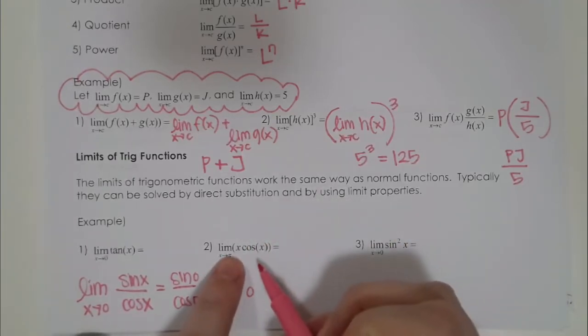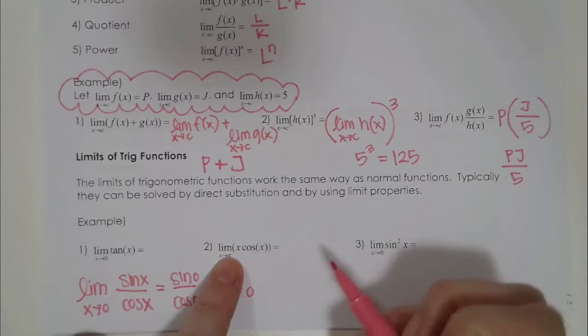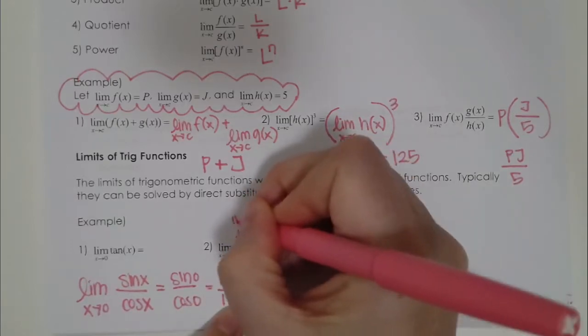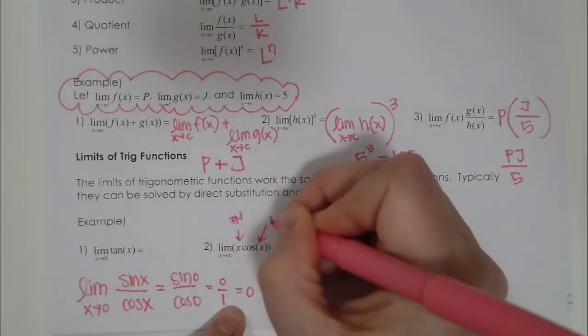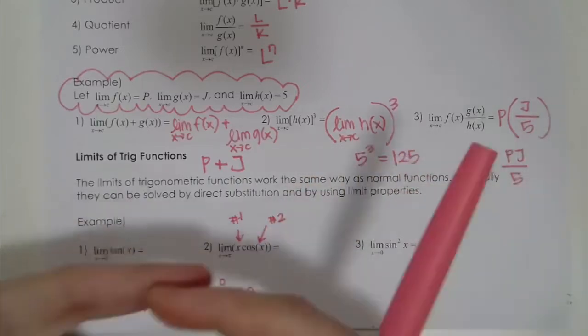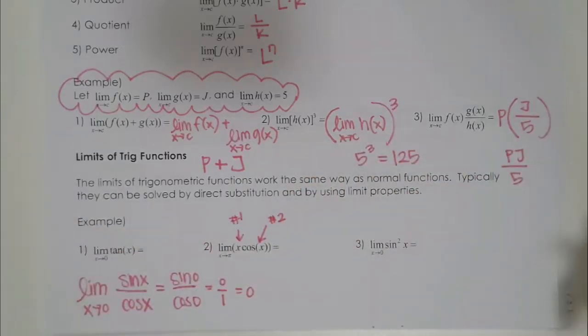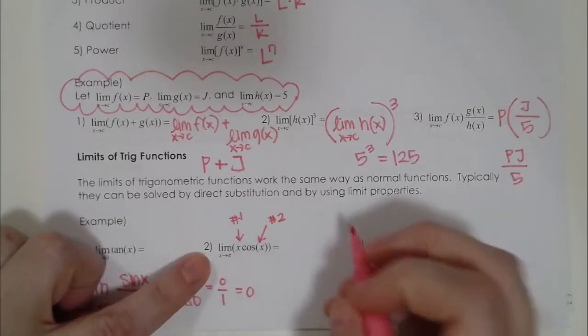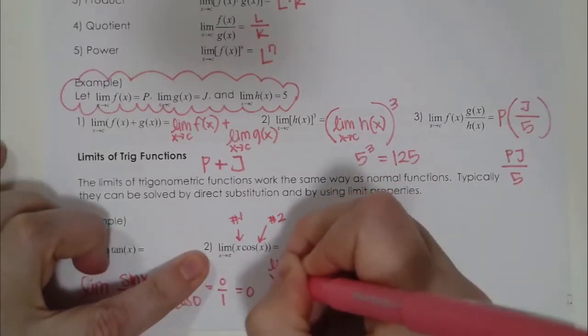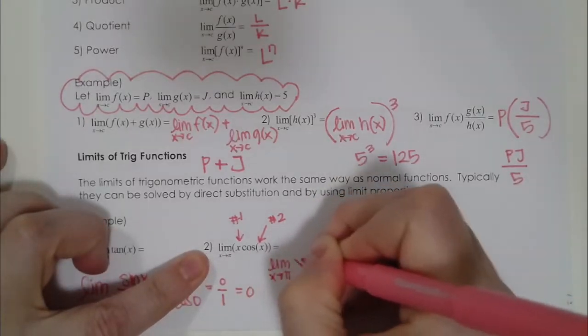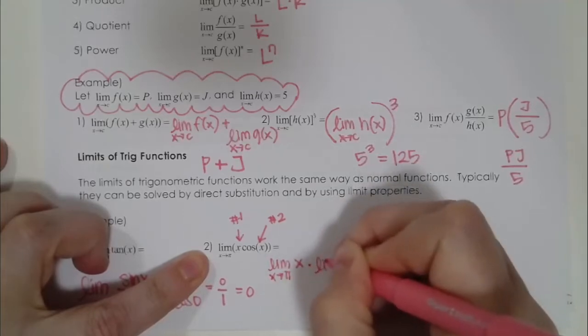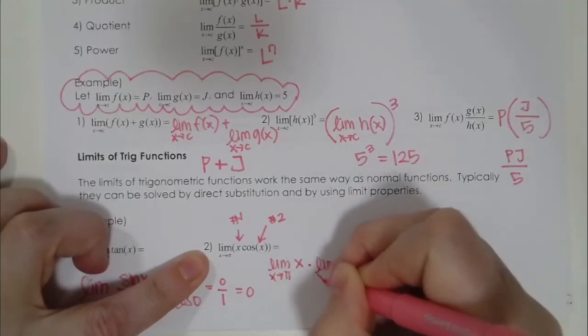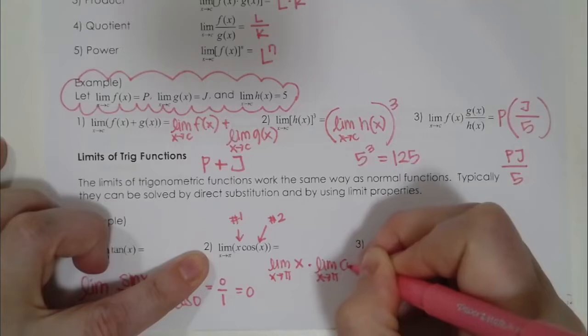Next up, we have actually the multiplication of two different functions. X is function number 1, cosine x is function number 2, but it's simply just multiplying them together. So the limit as x approaches pi for x times the limit as x approaches pi for cosine x.